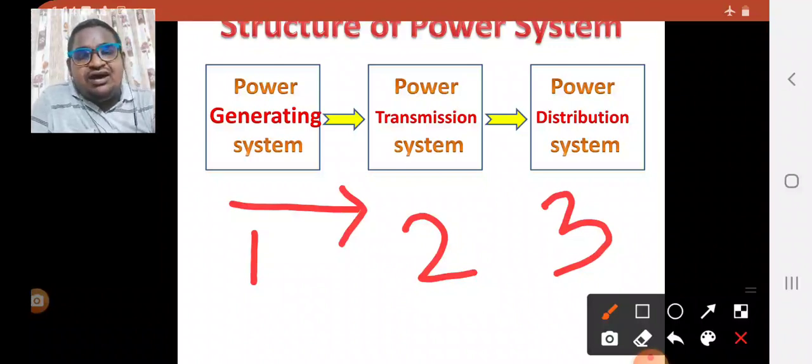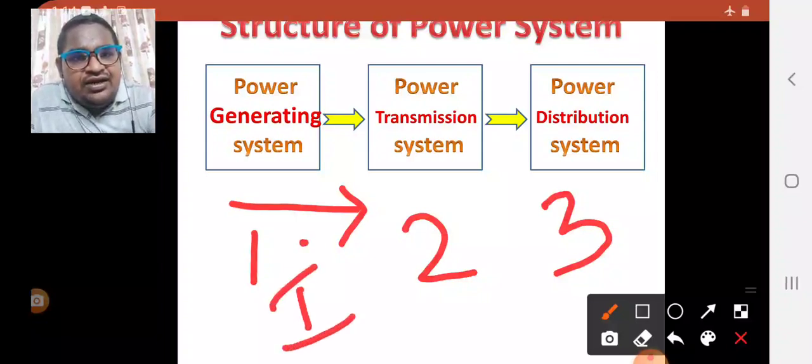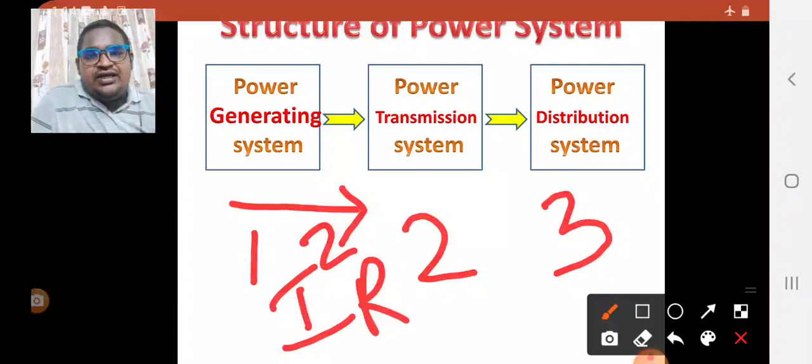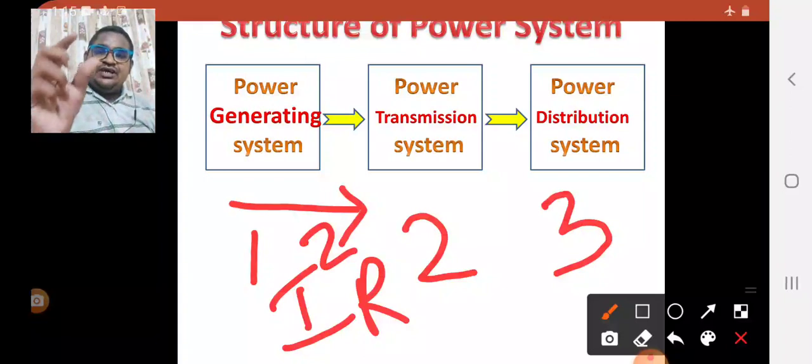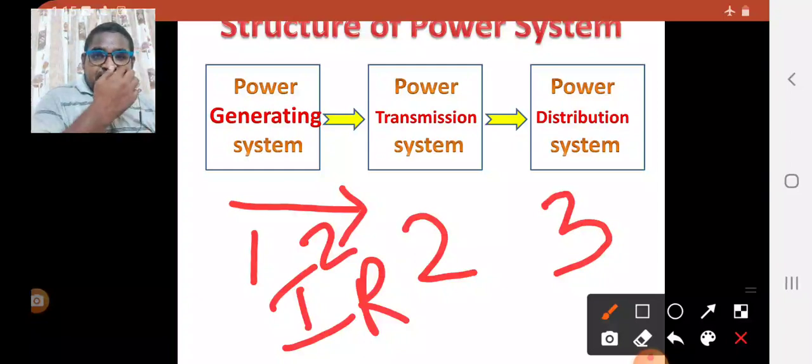The power losses are copper losses, which are I square R losses. If current is more, then loss is also more. Therefore, in the case of transmission, we step up the voltage. When we step up the voltage, the power is constant, hence the current value is decreased. Thereby the power loss is reduced in the transmission system.